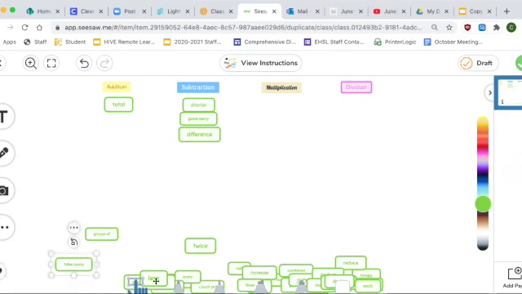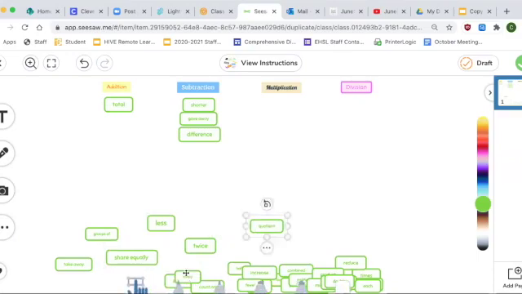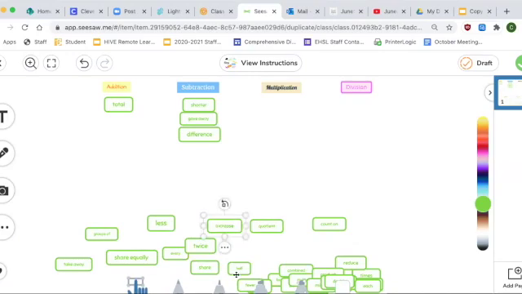And then I'm seeing all these words that are kind of jumbled. So I'm going to just move them so I can see them all, because some of them I can't see.